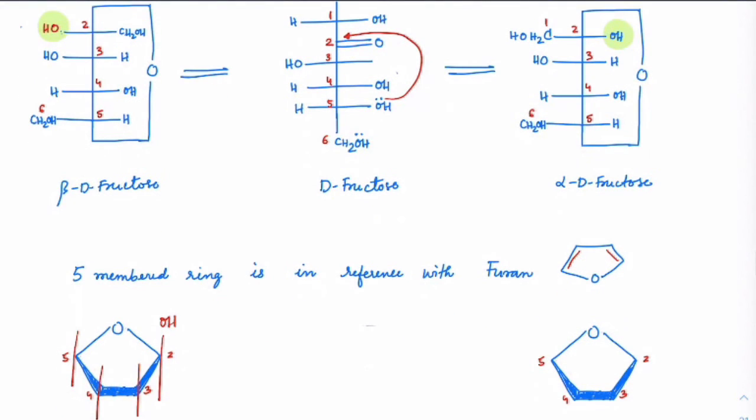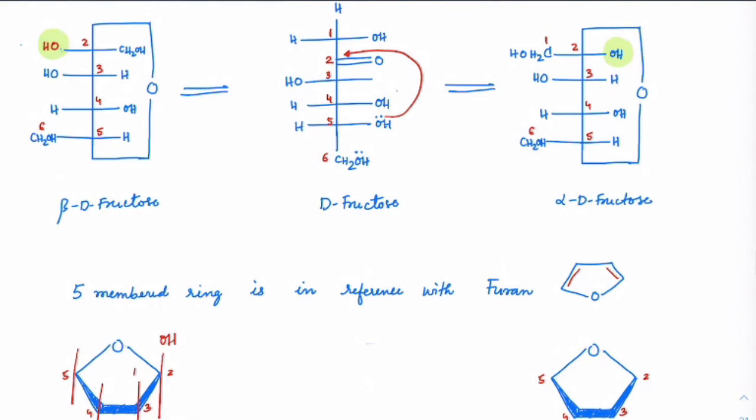On the carbon 2 position, we have CH2OH, which is vertically down. On the third, we have OH up, H down. On the fourth, we have OH down, H up. On the fifth, we have H down, and CH2OH up.